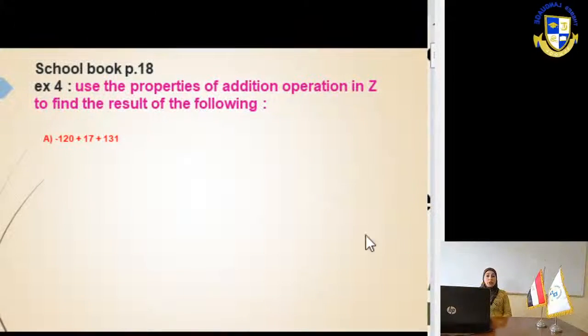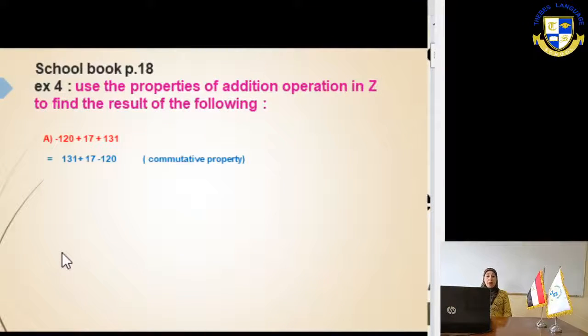Here, I'll change the place of the numbers, in any order. So I'll start with, for example, 131 plus 17 minus 120. When I'm changing the order of the integers, I use the commutative property.